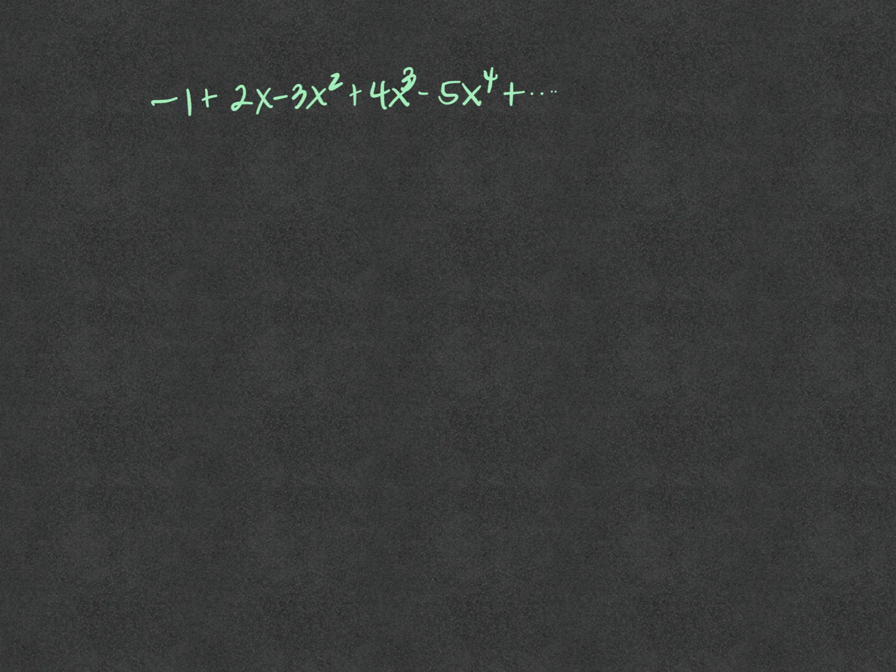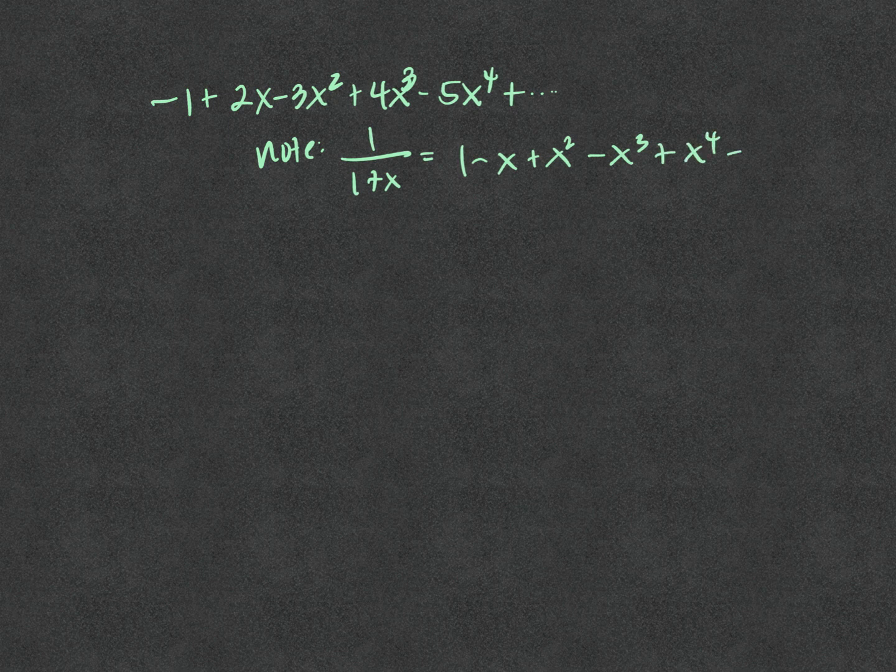So let's go ahead and make a note here. Let's say note: 1 over 1 plus x equals 1 minus x plus x squared minus x to the third plus x to the fourth minus x to the fifth plus dot, dot, dot.